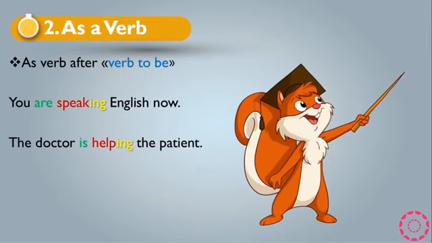Another example: I am teaching. With I we have to use am, and after it there is a verb with ing. So teaching functions as a verb because before the ing we have the verb to be, which is am.